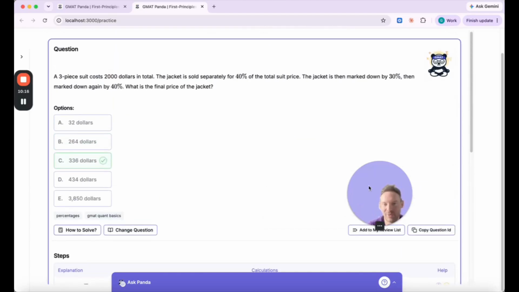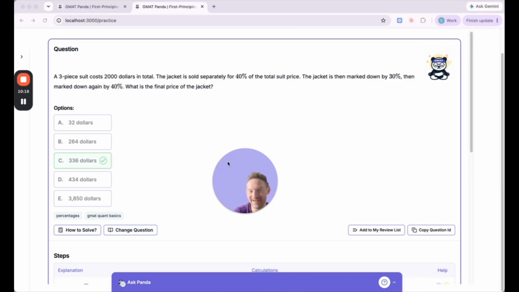Right, now, there are obviously other ways of doing this question and going quicker than that, right? Because we can rule out quite a few answers just by sense checking. Now, what do I mean by that? Well, if we're starting with 2000 and we're taking 40% of that, so we're taking roughly half, right?